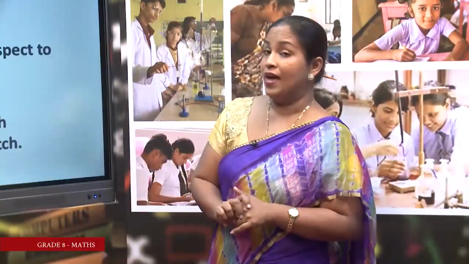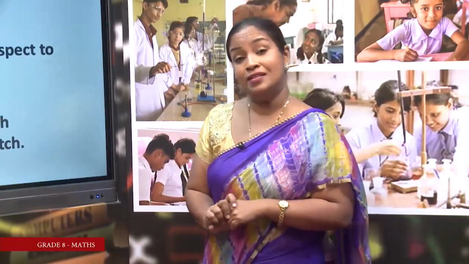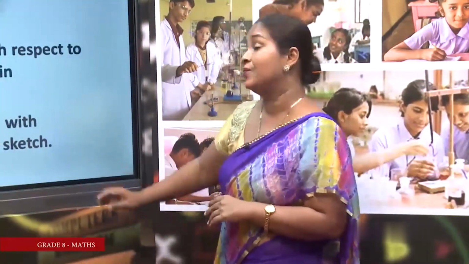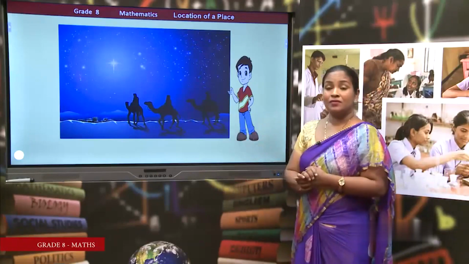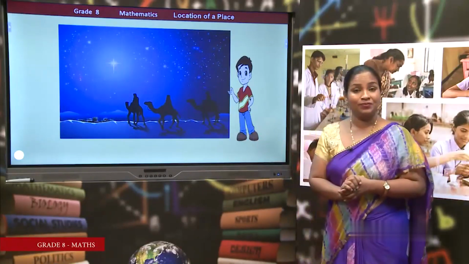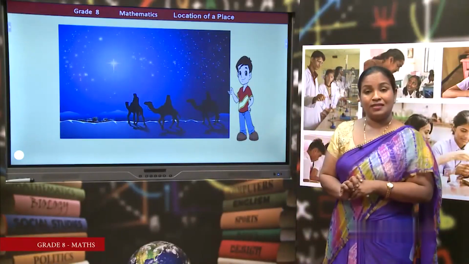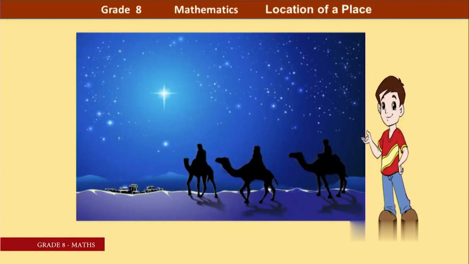Before that, I want you to revise the things you know about directions. What can you see here? Yes, it's a picture. You see some camels, and is it daytime or night time? It is night time.